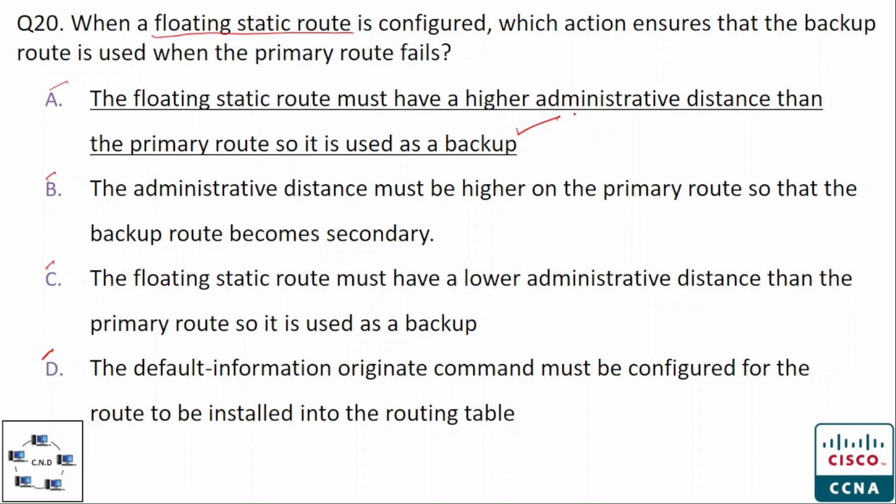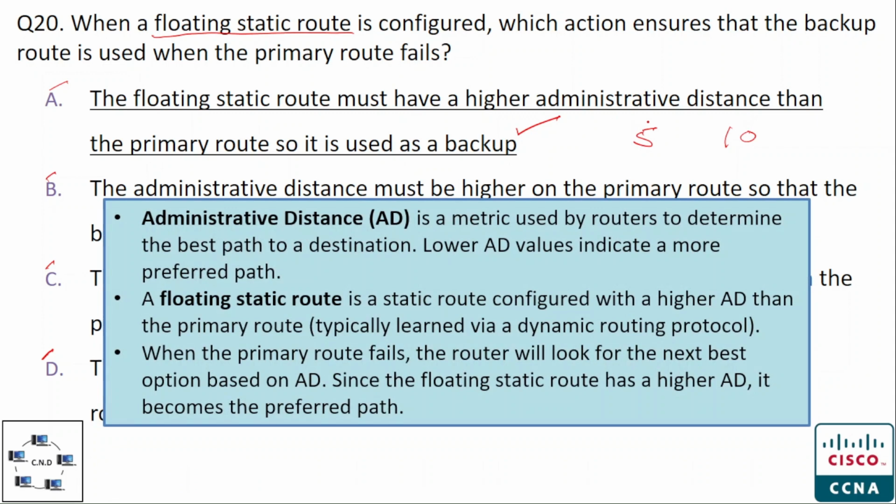The route with the lower administrative distance is preferred. So if we have two routes, one with an administrative distance of 5 and the other with 10, then the one with 5 is preferred and selected.